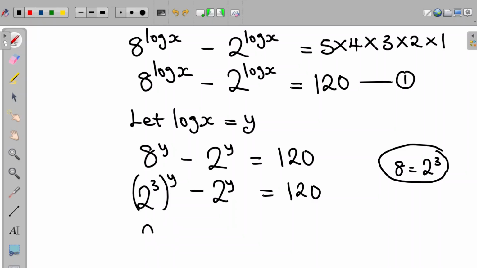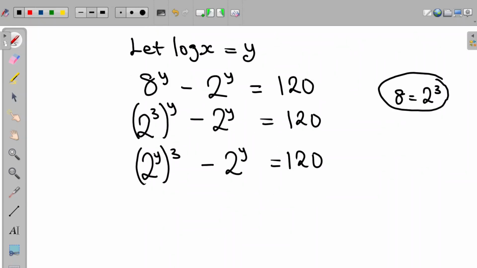Also, we have that 2 raised to the power of y, all raised to the power of 3, minus 2 raised to the power of y is equal to 120. Also, let 2 raised to the power of y be equal to k.